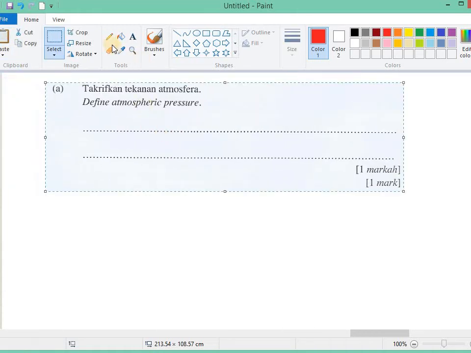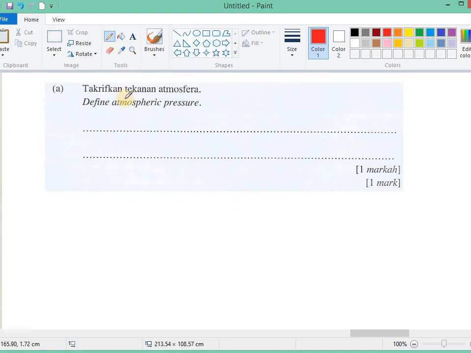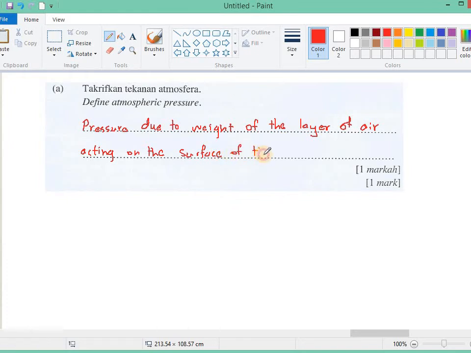Okay, part A. Define atmospheric pressure. So what is atmospheric pressure? Atmospheric pressure is pressure due to weight of the layer of air acting on the surface of the earth.